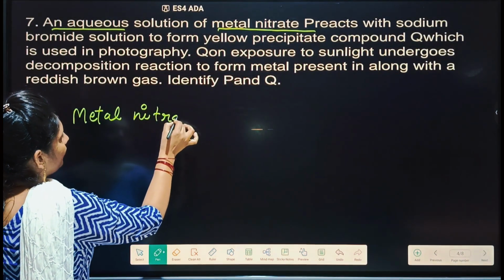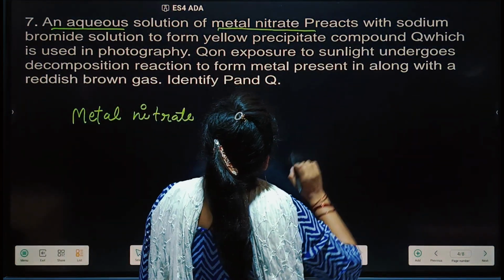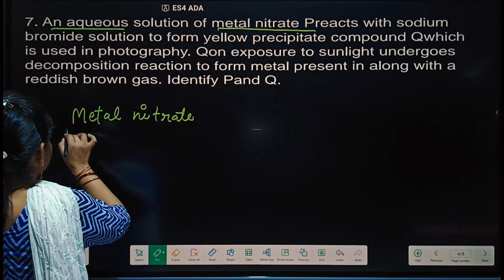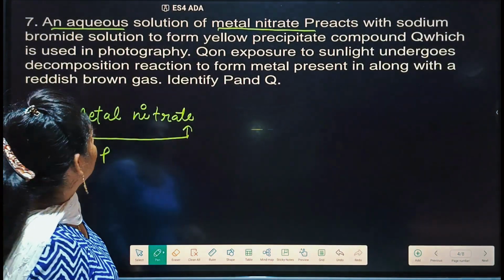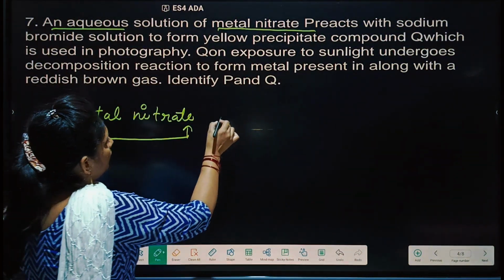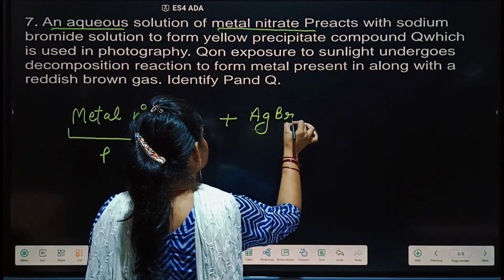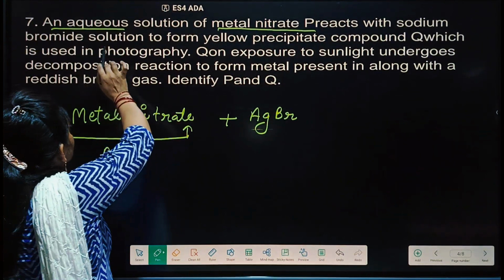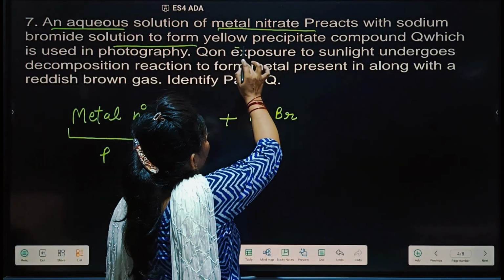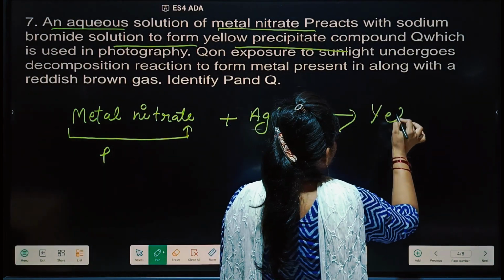It will react with sodium bromide and form AgBr, a yellow PPT.